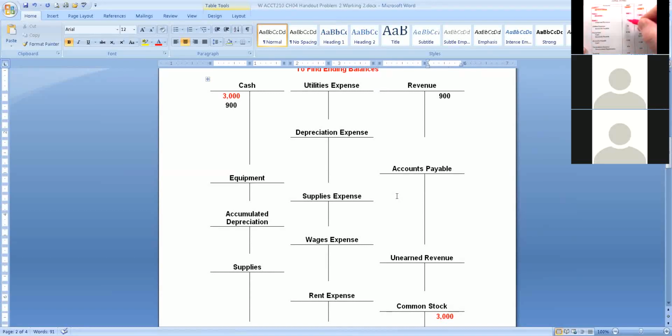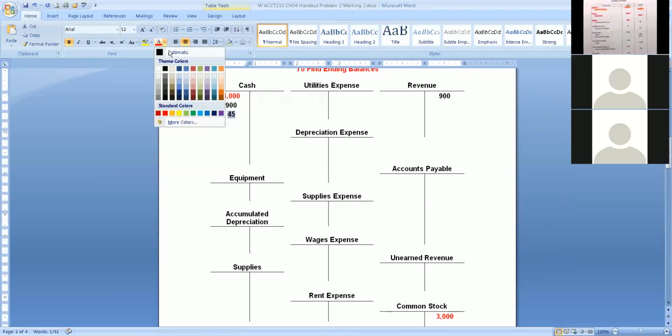Okay, third journal entry, we have cash for $45. And let's make that green. So cash is 45. Unearned revenue is the credit for 45.